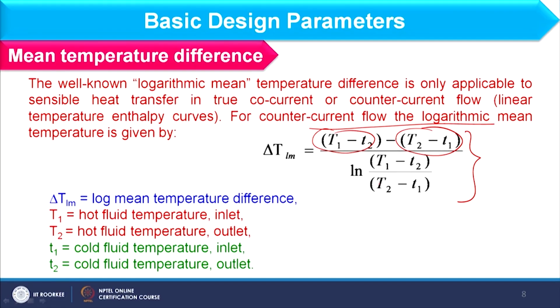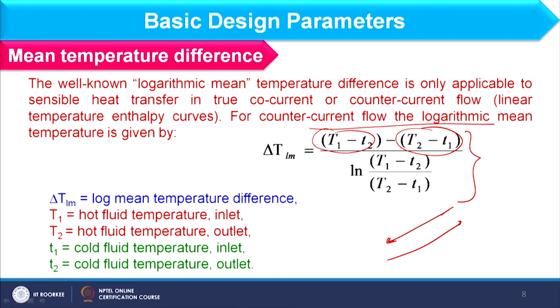Now, why am I considering the log mean temperature difference? Because a continuous change in temperature occurs in both fluids. If I draw the profile, the hot fluid will move like this, the cold fluid will move like this. That may be linear, that may be non-linear. If linearity occurs, we can consider a simple arithmetic mean.